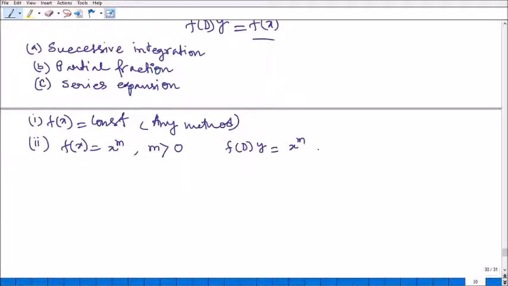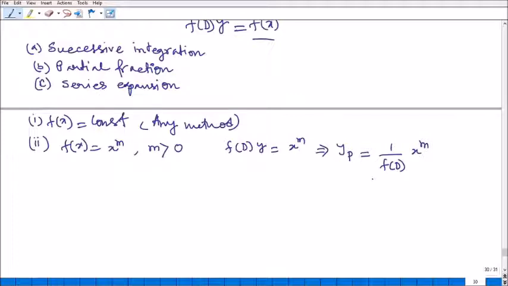So we can write here the particular solution of this non-homogeneous differential equation, yp equal to 1 by f of D operating on x to the power m. So for this type of non-homogeneous differential equation, where the function is of the form x to the power m, we can apply the series expansion method.